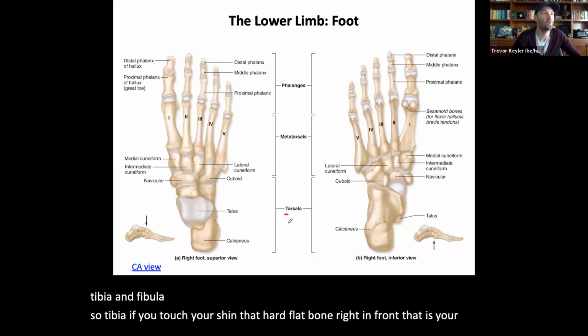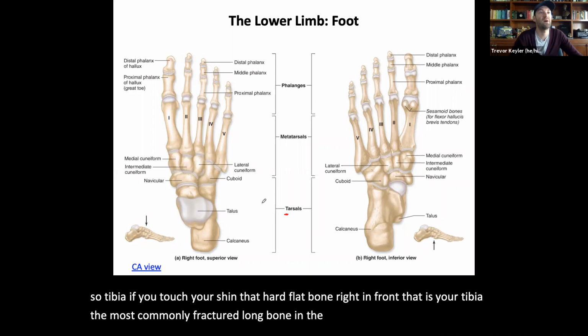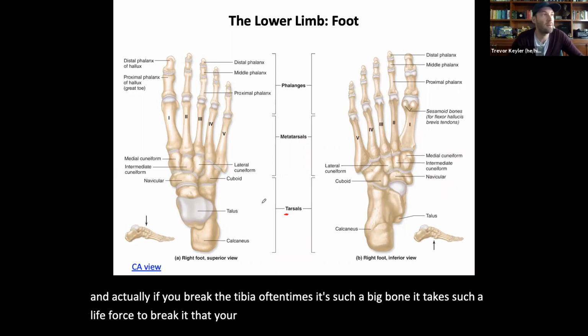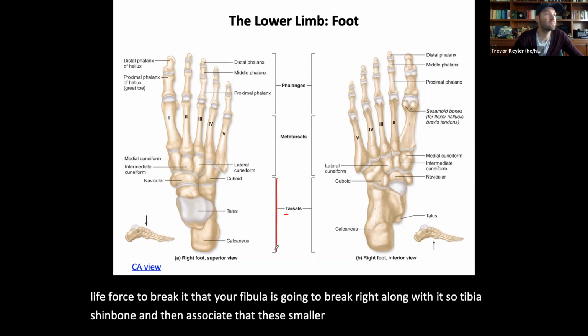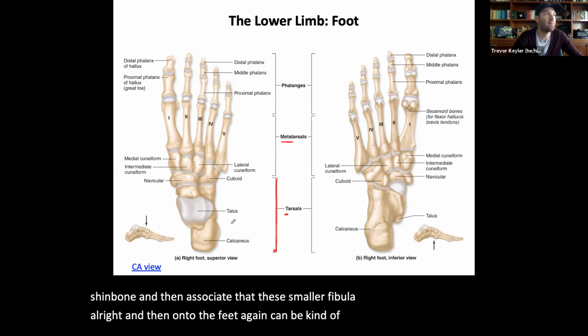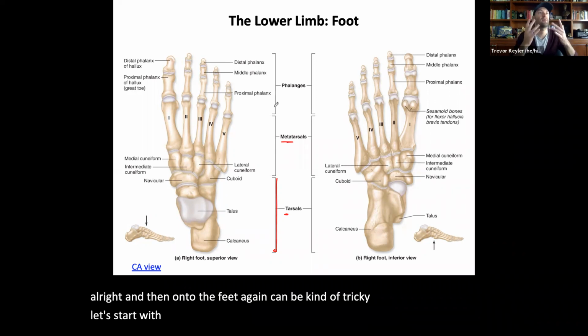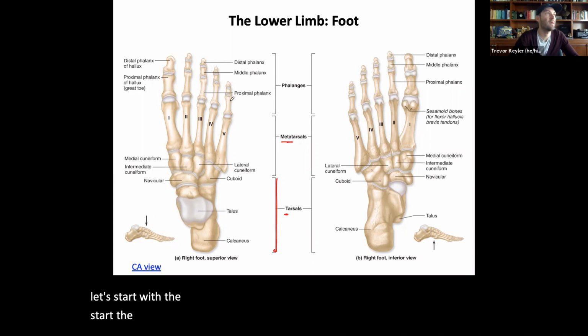Think T, toes, but these are going to be the bones of the ankle. And then we have the metatarsals. Remember, meta means after, so we have after the bones of the ankle. So these are the metatarsals here. And then just like the hands, we have the phalanges.